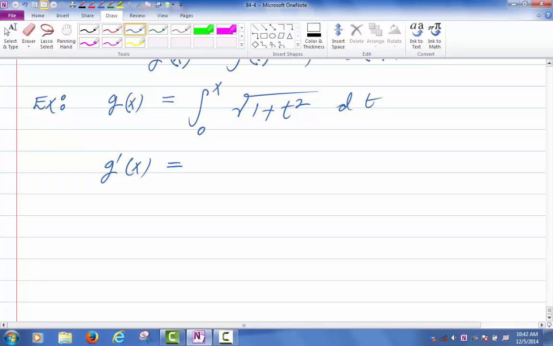Remember, FTC1 says if you define a function g as the integral from something to x of some function f dt, then the derivative is what? Yeah. The square root of 1 plus x squared, the integrand evaluated at x. G prime of x. I didn't say g prime of t. G prime of x. That's exactly the integrand evaluated at x. Nothing else, okay?